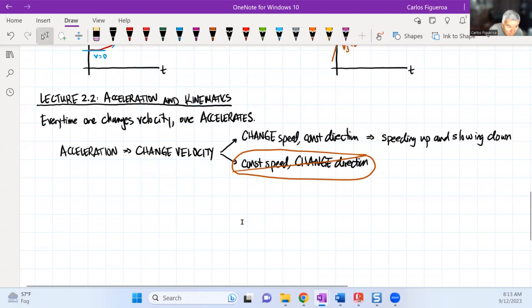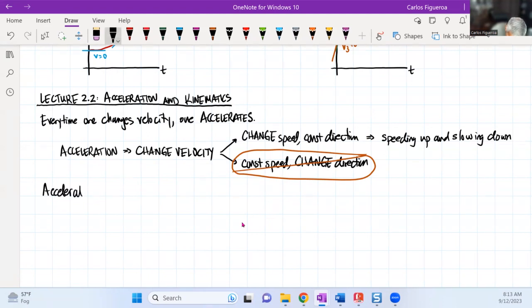So now what we know here is that acceleration is a vector, which means that it has both magnitude and direction.